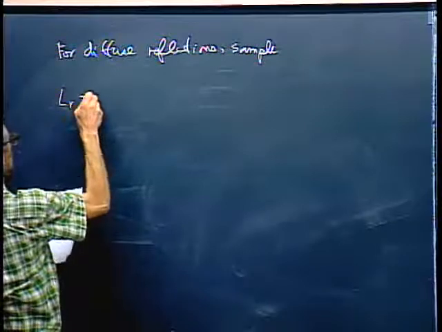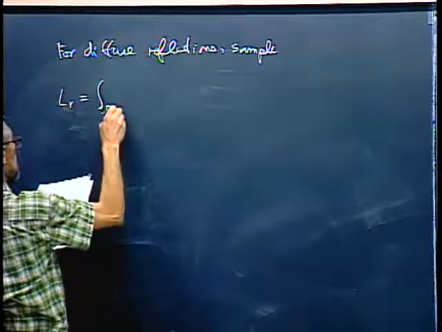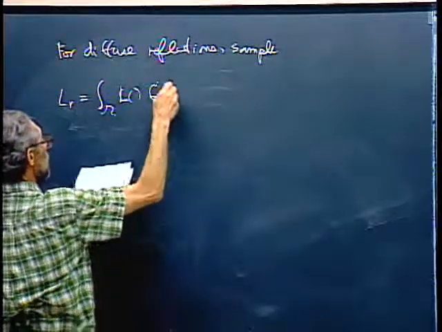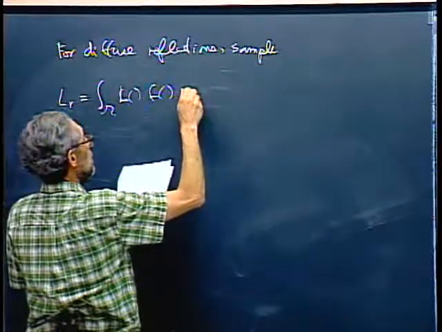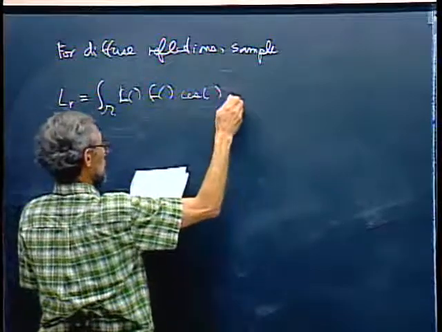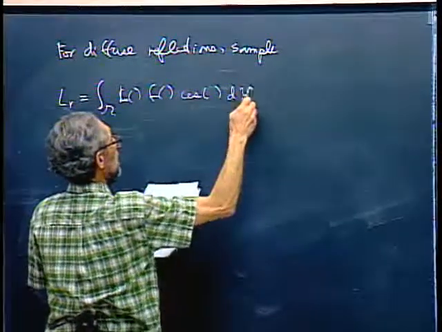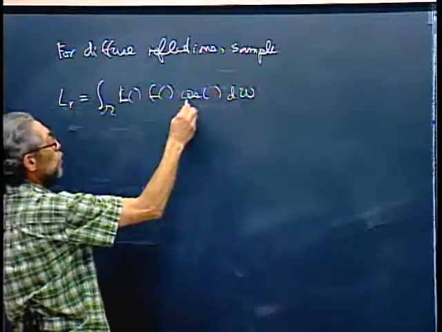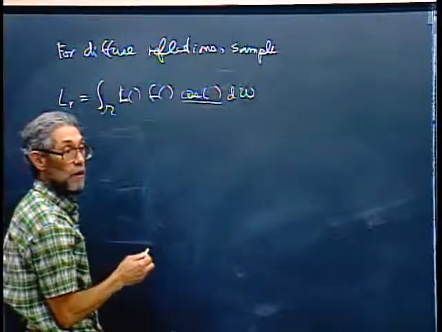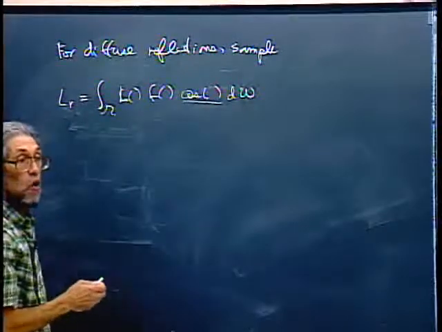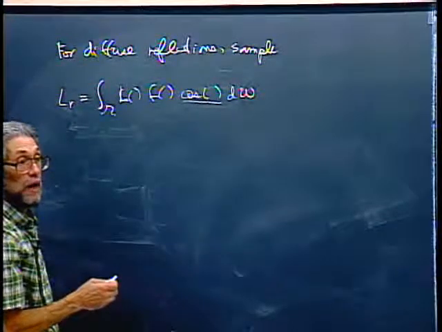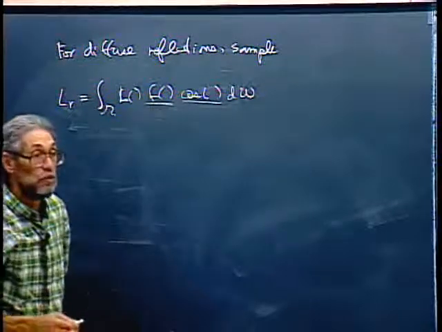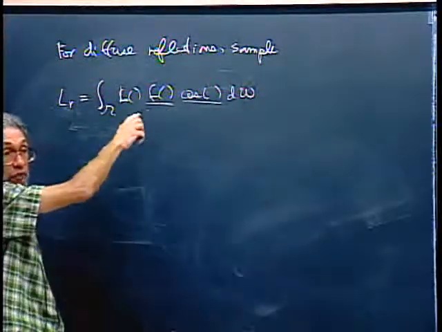We want LR. This is what I had last time. I'm not going to write out all the variables. It was L times F times the cosine term d omega. And we sampled proportional to this cosine term, because we didn't know anything else about the scene or the BRDF. In fact, the thing I was going to apply that one to case 2 is perfectly diffuse reflection. The BRDF is a constant anyway.